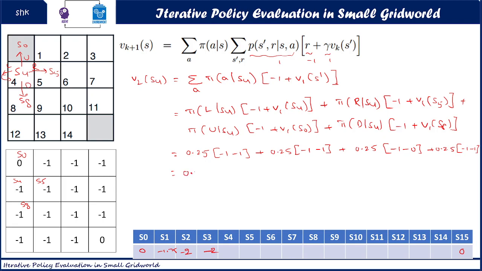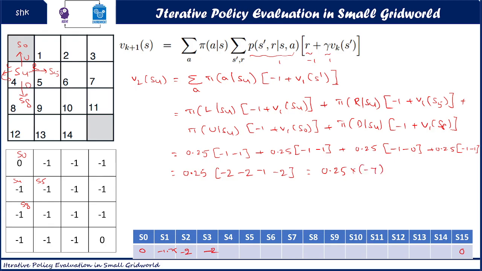Now take 0.25 as common factor. What is left out? Minus 1 minus 1, which is equivalent to minus 2. Minus 1 minus 1, which is equivalent to minus 2. Minus 1 minus 0, minus 1. Minus 1 minus 1, minus 2. Which will give us 0.25 into minus 7.